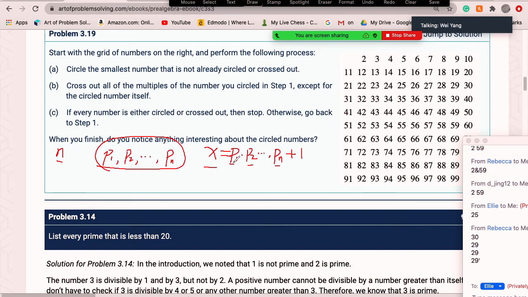Then we multiply these n prime numbers together, then we add 1. So this number x equals p1 times p2, and so on, times pn, plus 1.